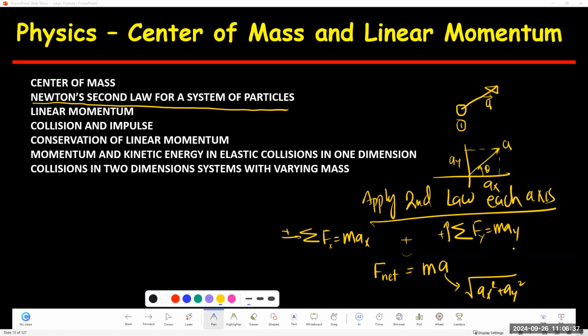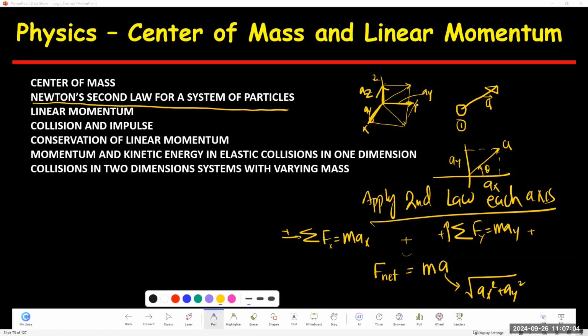And let's suppose you have another component, maybe a third component in the 3D case, where you have acceleration with a y component, an x component, and a z component, and you want to split it into each axis. So this is my AX, this is my AY, and this is my AZ.